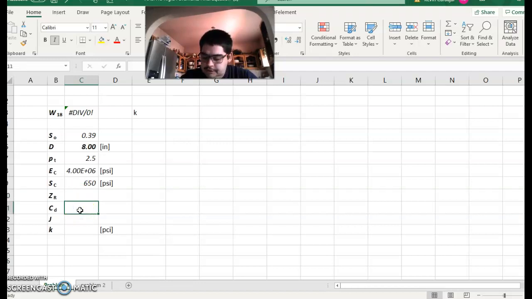My drainage is, let's see, where is it at? It's poor drainage with 5% of time near saturation. So we'll go to table 12.20, recommended values for drainage coefficient.